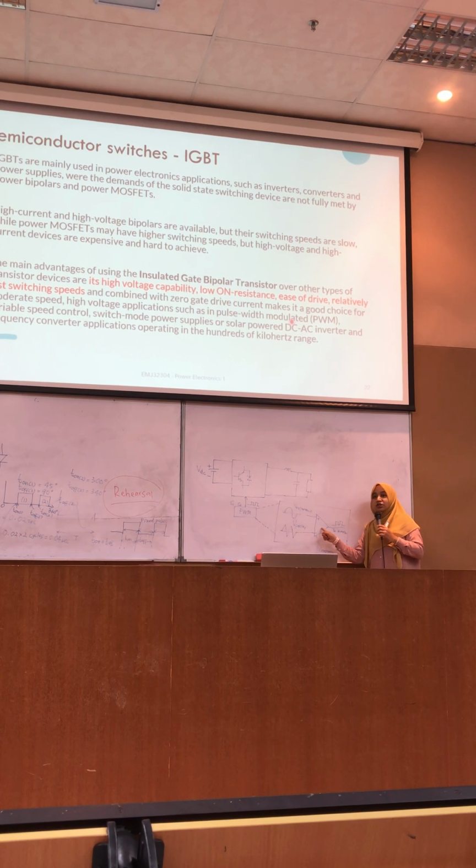What is the function of the comparator? Of course, it will do comparison. It will compare between the high and low. Let's say that we have a sine wave and also a triangular wave, compared in one plot.